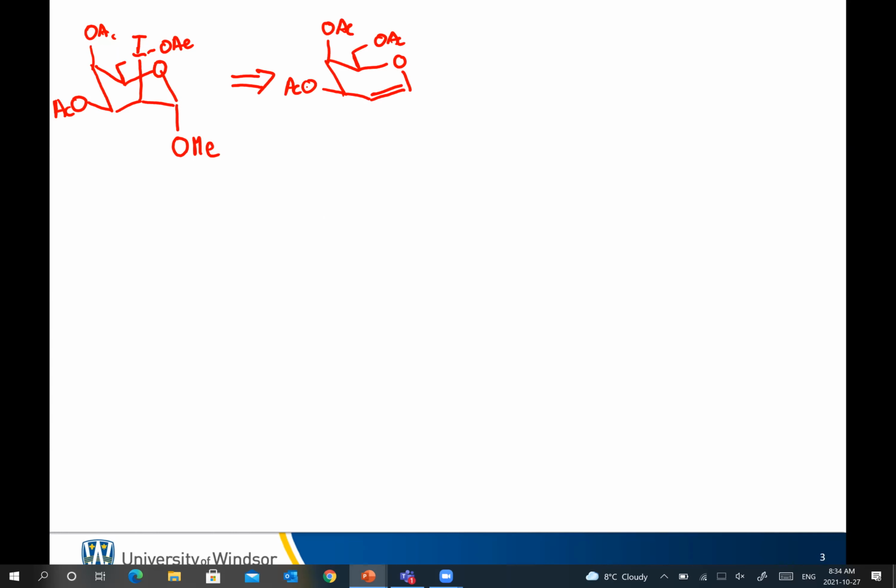Now, if I treat that with a strong base, a reasonably hindered base, let's use a non-nucleophilic base.